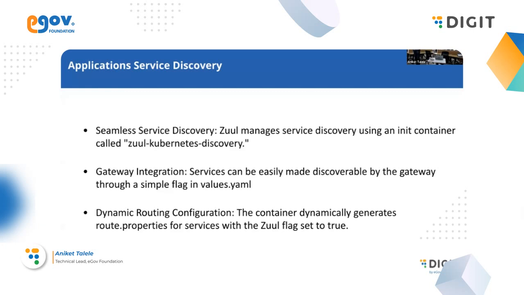After doing its authentication and authorization checks and enriching the correlation ID, Zuul should know where to forward the request again. That happens using this Zuul Kubernetes discovery. It's basically a utility written by us, and it runs as an init container. Let me explain what an init container is.